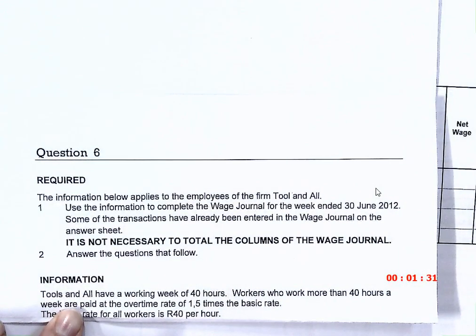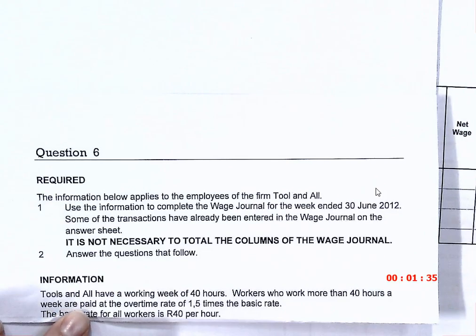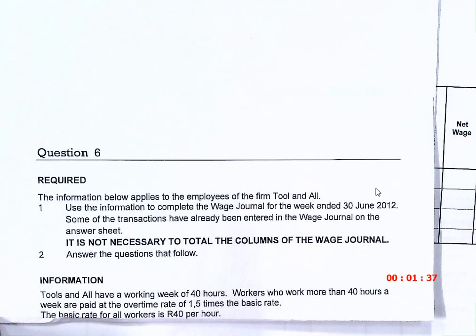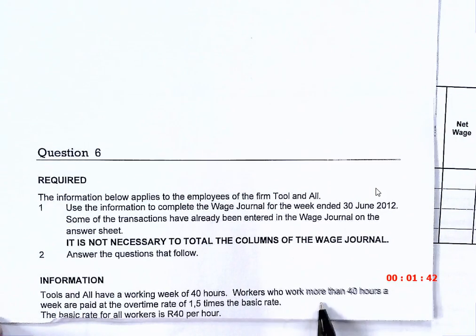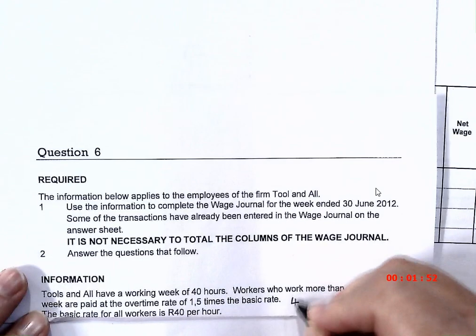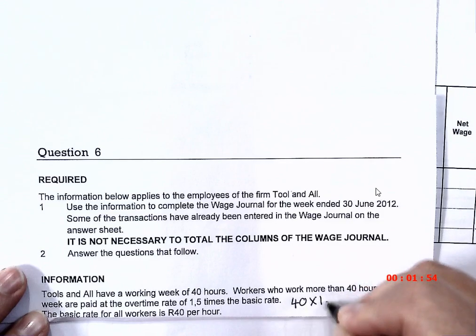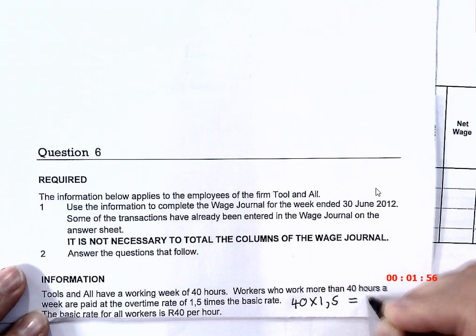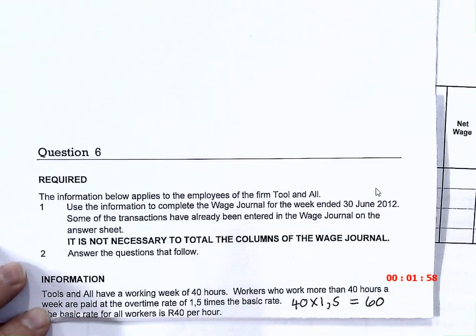Workers who work more than 40 hours a week, and I don't have to tell you that the norm time is 40 hours because that's law, are paid at overtime 1.5 times the basic rate. In other words, 40 times 1.5. So that gives me 60 Rand an hour.